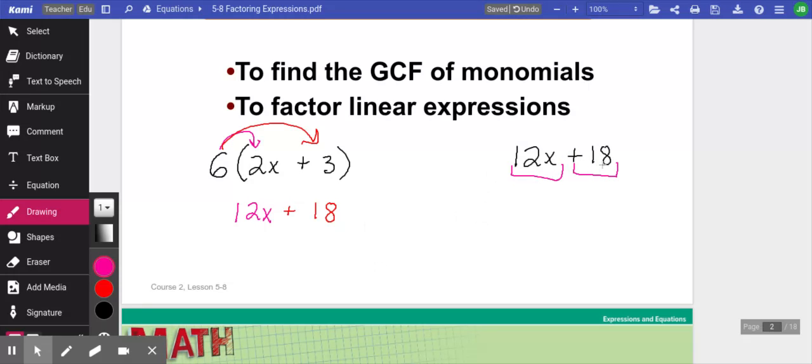When we look at 12 and 18, we realize that both can be divided by 6. So we would put our 6 out front, and 12x divided by 6 is 2x, and 18 divided by 6 is 3. And so our solution would look very similar to how we started the distributive property. That is what we're going to be looking at today.